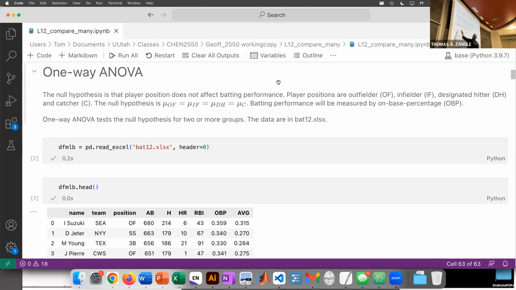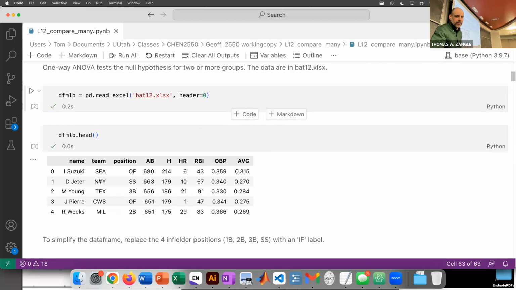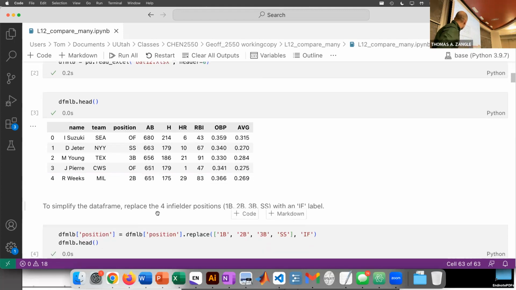Here we're reading our data into a Pandas data frame, just to look at our data, right? So we have data for a number of different players based on their position, and we're really just looking at this on-base percentage column. One thing to note is that we're simplifying this by replacing the four infielder positions with an IF label. So we're going to have all four of those grouped together.